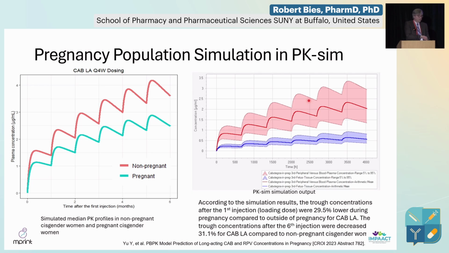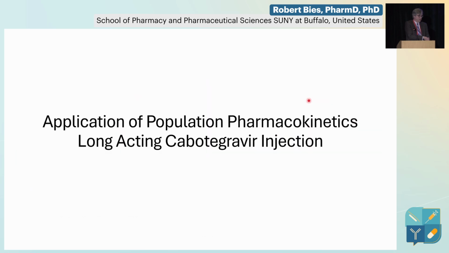So these simulations allow us to then adapt a population model. Can we replicate these anticipated changes based on the mechanistic incorporation of these physiologic changes, and then use that to ask questions about different regimens and proportions of individuals that might be in different concentration ranges at trough?